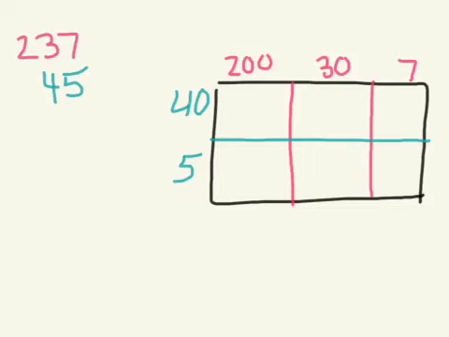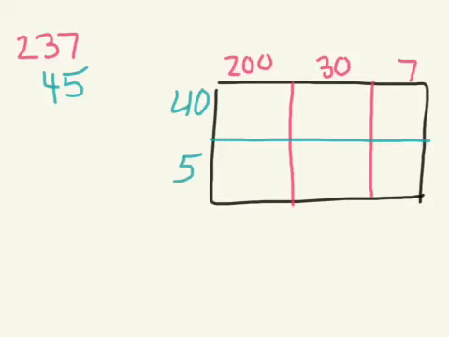Now, here's the step that seems to be confusing for a lot of people: how do you actually use this box to multiply? And I'm going to do my best to explain that today, and hopefully by the time this video ends, we'll all have a pretty good understanding of it. So, the numbers across the top multiply by the numbers along the left side.